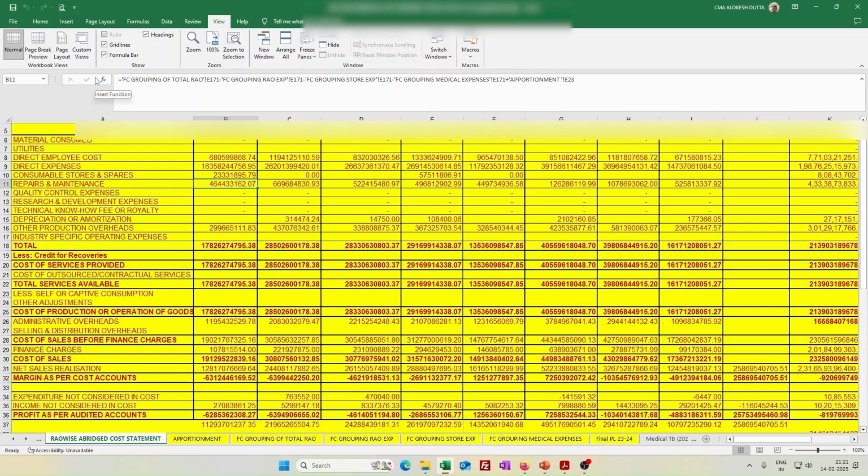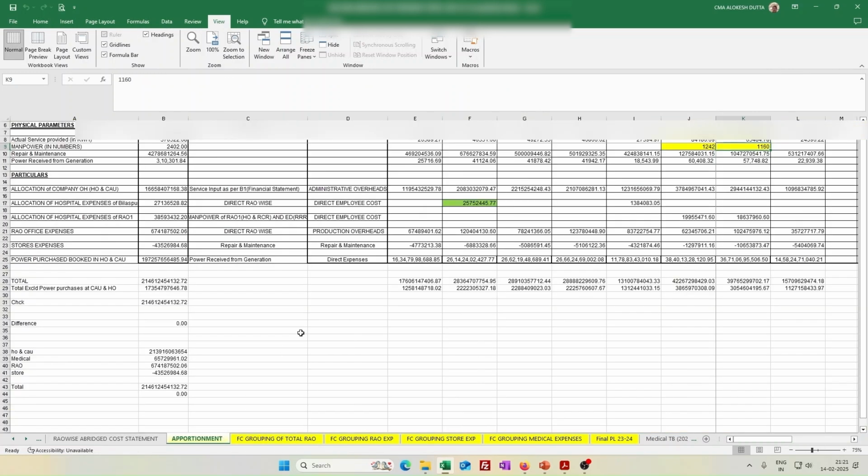See, this is the item: total RAO expenditure minus RAO expenditure, stores expenditure, medical expenses, plus apportionment, because it is repairs and maintenance and apportionment E23. Apportionment E23 means repair and maintenance. Store expense E23 means store expenses.